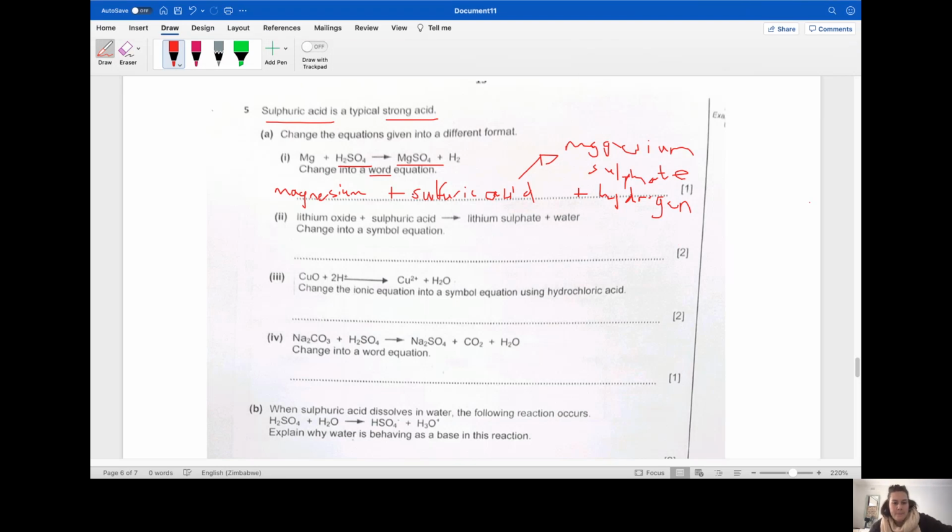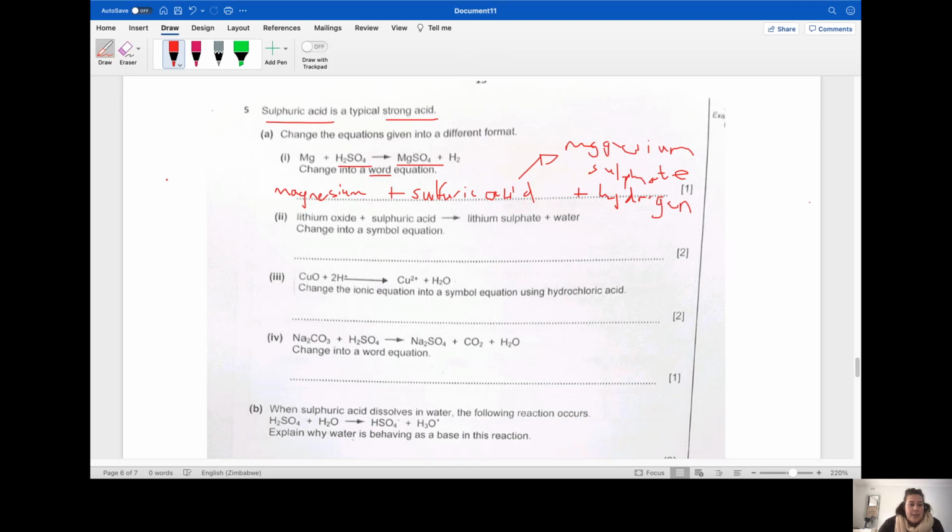You had magnesium, sulfuric acid, magnesium sulfate, and hydrogen. Question 2 was a lot trickier. You had to work out your formulae of each thing. So lithium oxide is made up of lithium and oxygen.